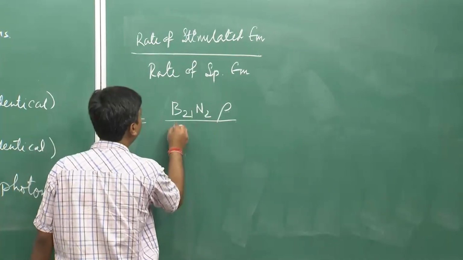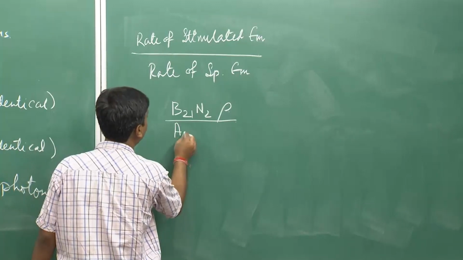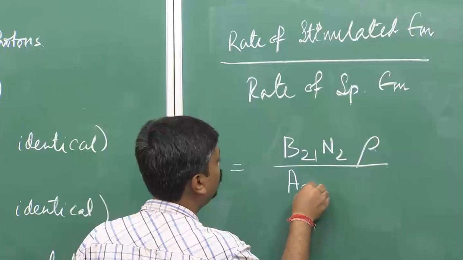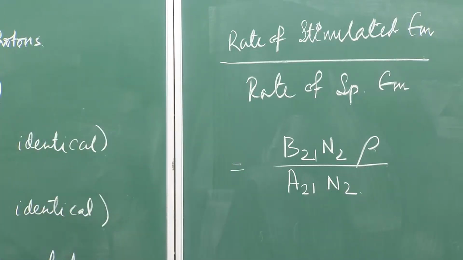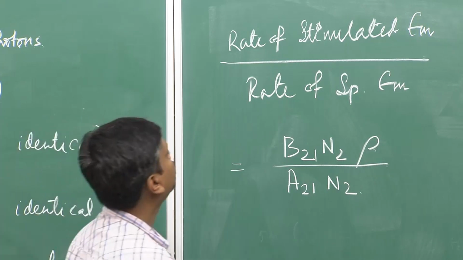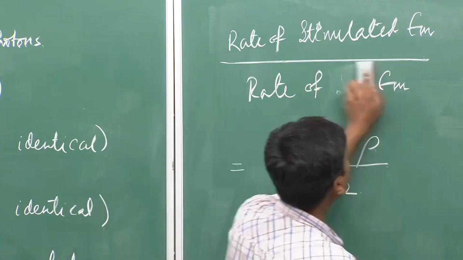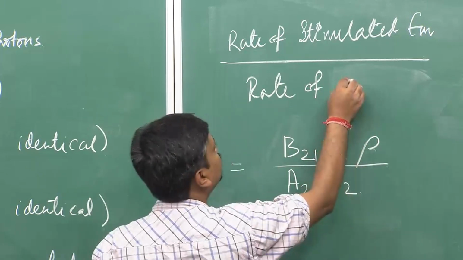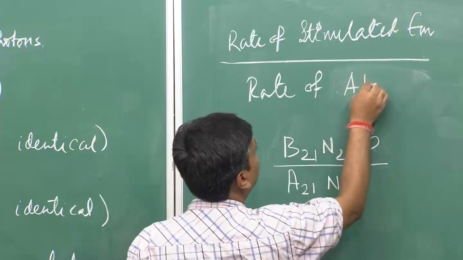So, B21 by spontaneous emission, that is A21 into, okay. Sorry, I should write this is not spontaneous emission, but this is absorption.